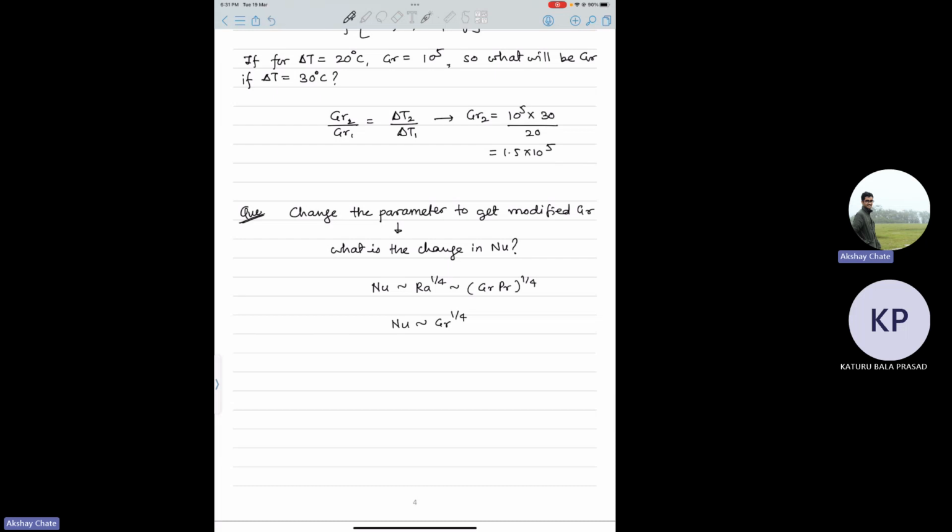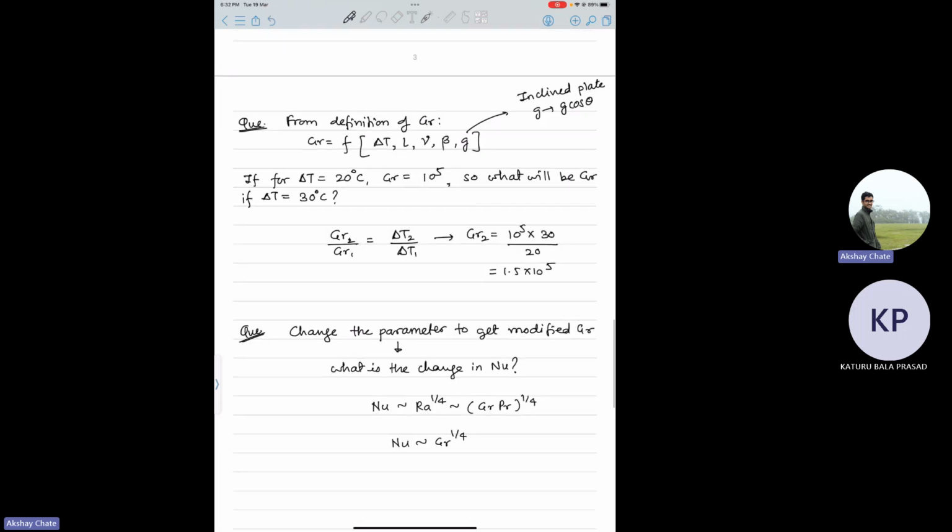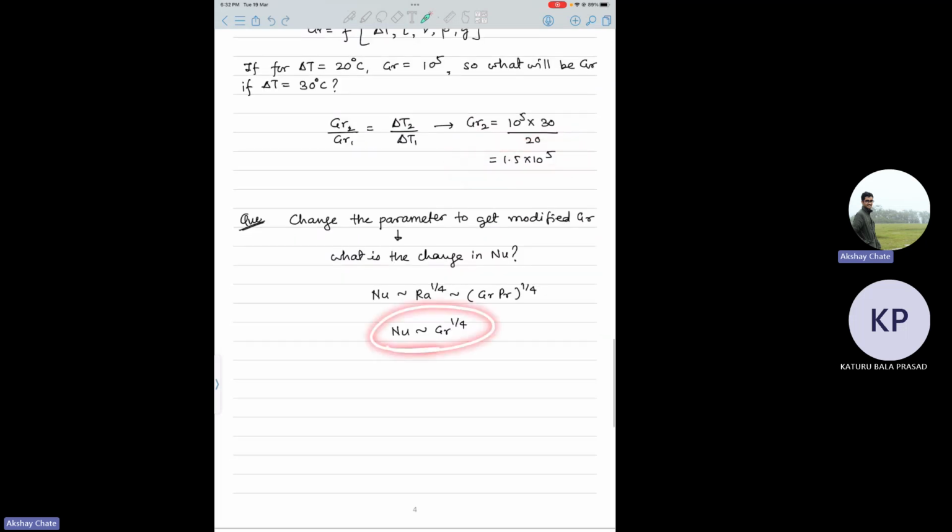In some other geometries, they will give you the Nusselt number correlation, but you are expected to know it for flat plates, at least the vertical flat plate. In the earlier version of this question, we got the Grashof number as this value. Then I can ask what the new Nusselt number will be, given that the initial Nusselt number was, let's say, 100.